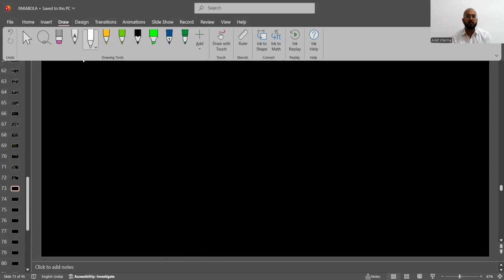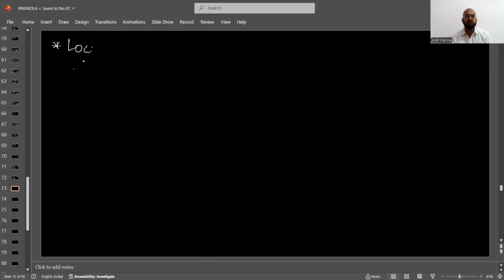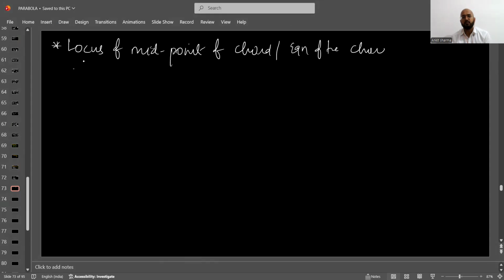Locus of midpoint of chords. Or you say equation of the chord whose midpoint is given.